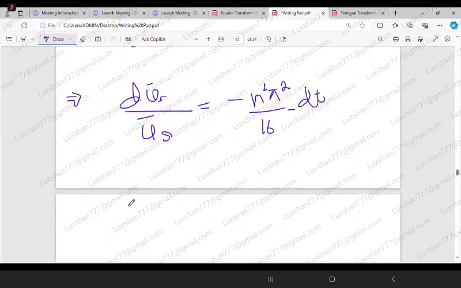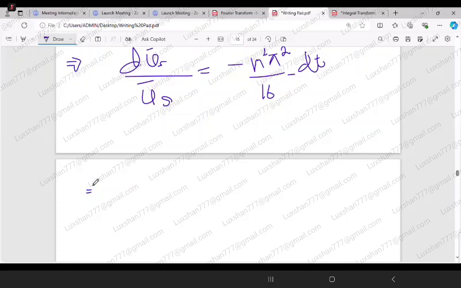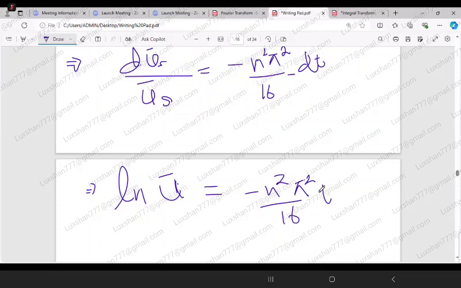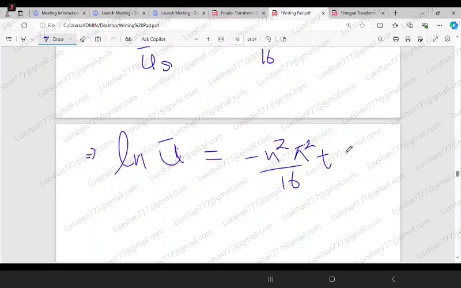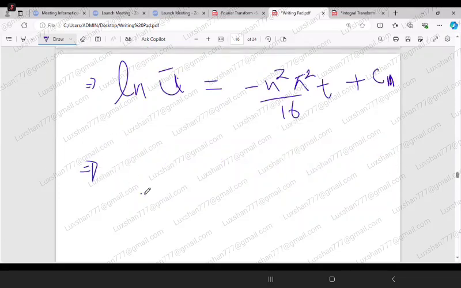If you solve this one, ln u bar is equal to minus n squared pi squared over 16 t, plus a constant, let me put c1.